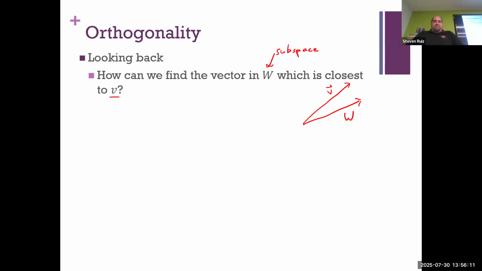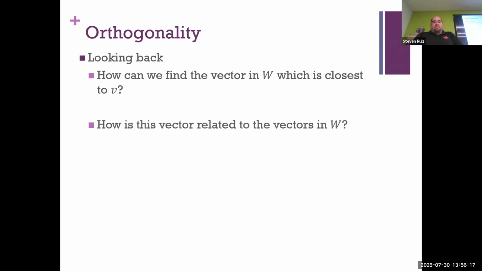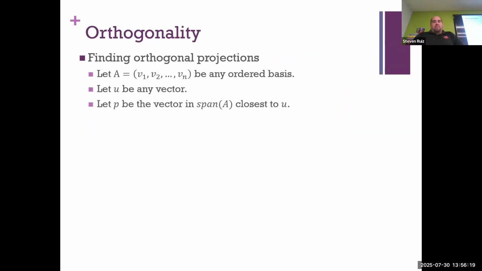Okay, so in a few different contexts, we've talked about how to do this. Let's bring in another way to do it. I'm going to let A be some basis, and it's ordered, so I don't want to move these vectors around.